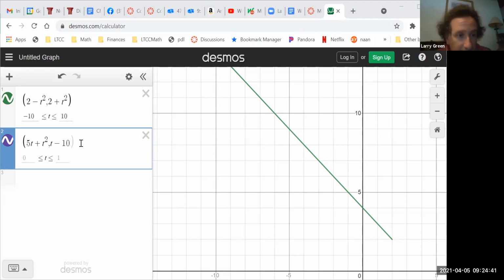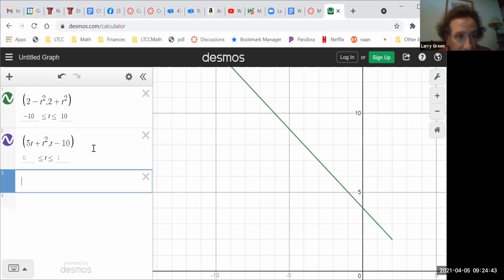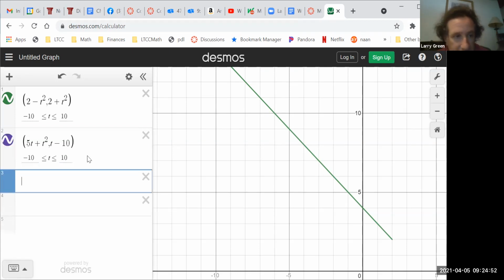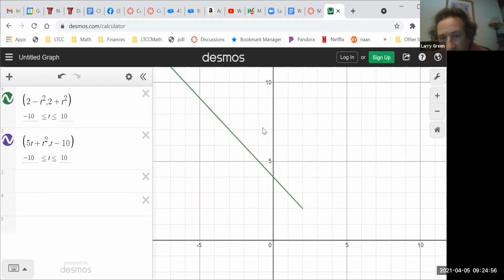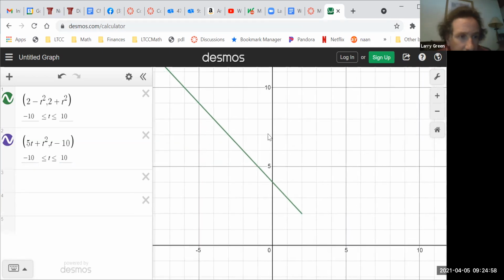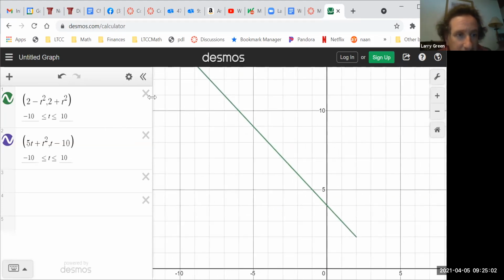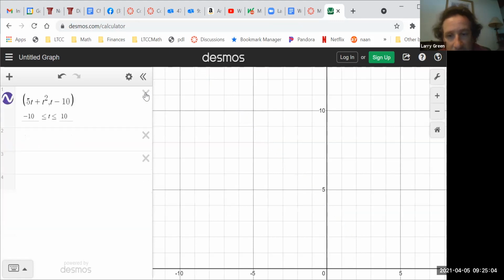Okay, and let's change the range of t to, how about, -10 to 10. And I'm not seeing it. Just a minute. Let's get rid of this one.